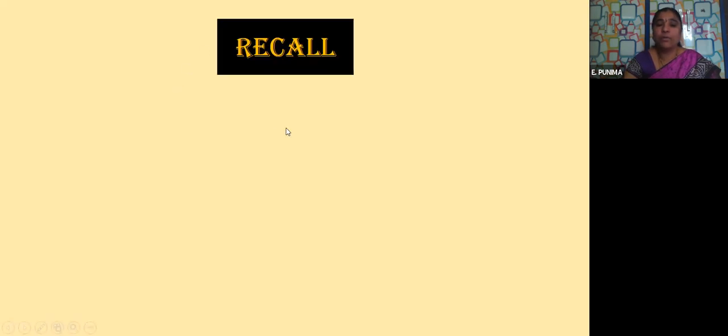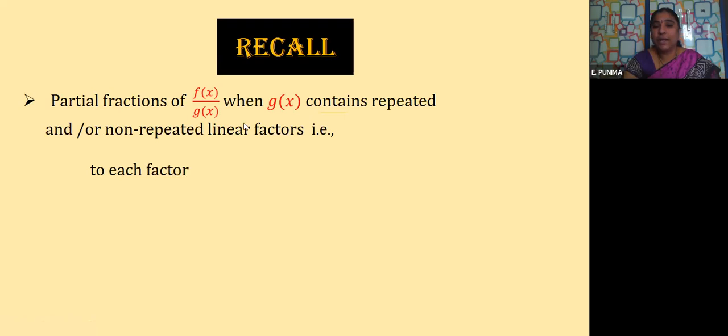So let us see what you have learned in the last session. Partial fractions of f of x by g of x when g of x contains repeated and non-repeated linear factors.